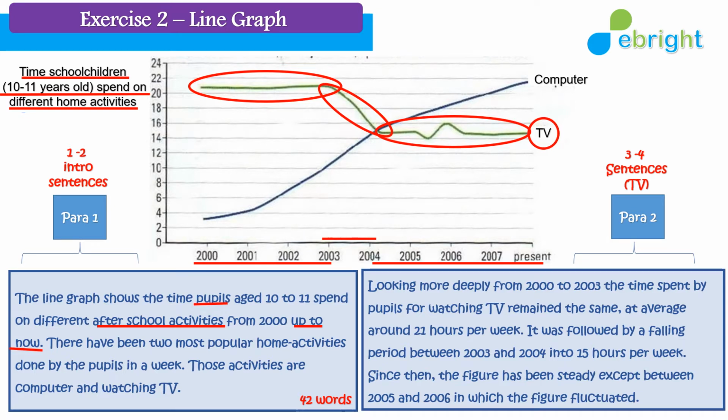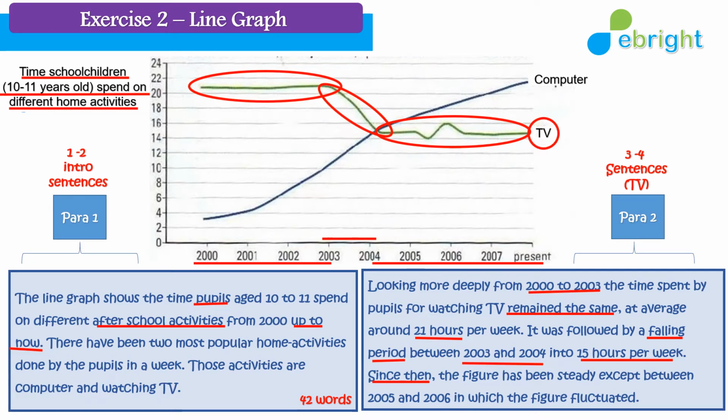As I mentioned before, we should divide paragraph 2 into 3 different sentences. Sentence number 1 from 2000 to 2003, sentence 2 2003 to 2004, and sentence number 3 2004 up to present. So you've got 2000 to 2003 in the first sentence over there. Remained the same, it's stagnant, 21 hours per week because it's between 20 and 22 hours. And then you've got a falling period, so between 2003 and 2004 to 15 hours per week.